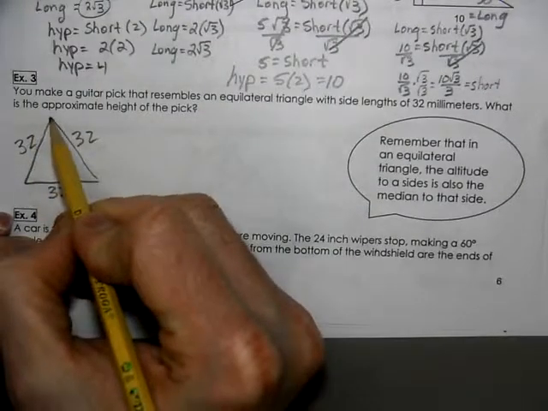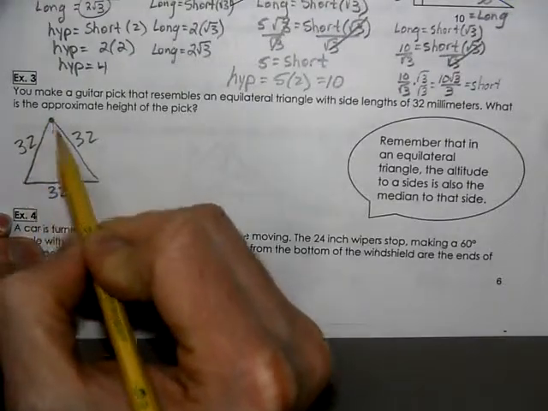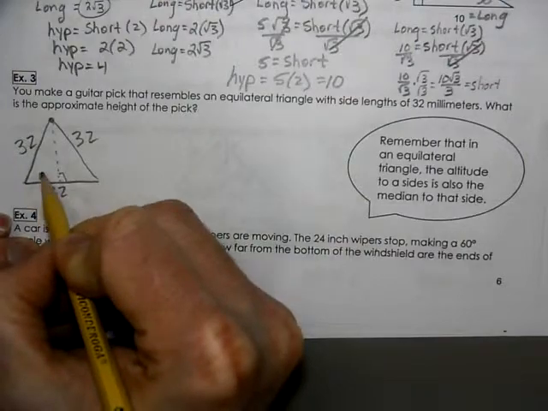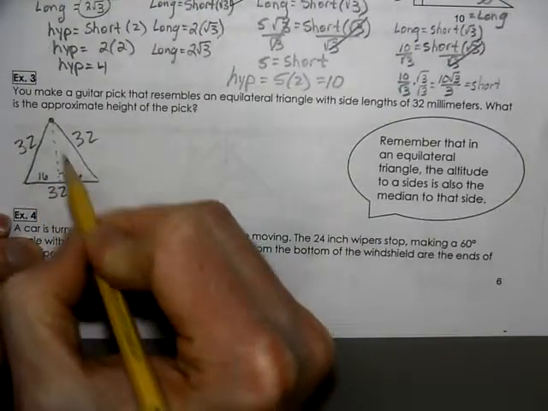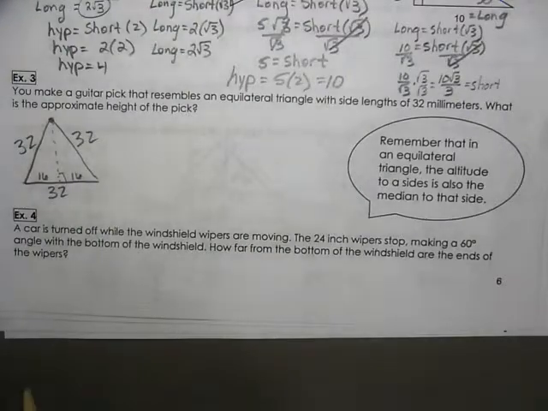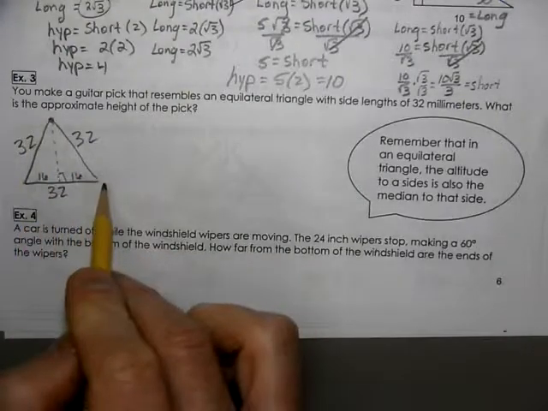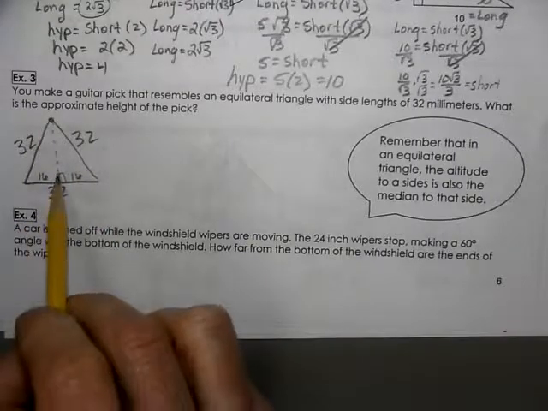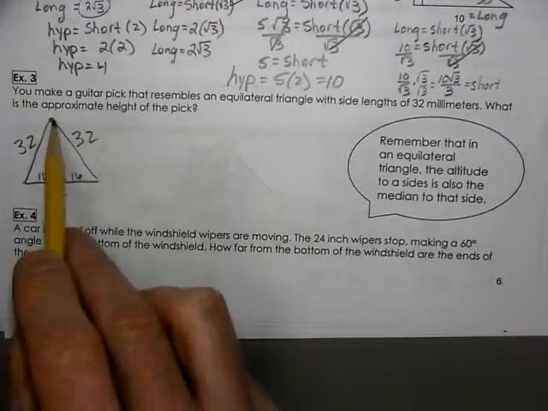Now remember, if we have a point that is equal distance to the endpoints, then we know it is on the perpendicular bisector. It's perpendicular because we want to know height.